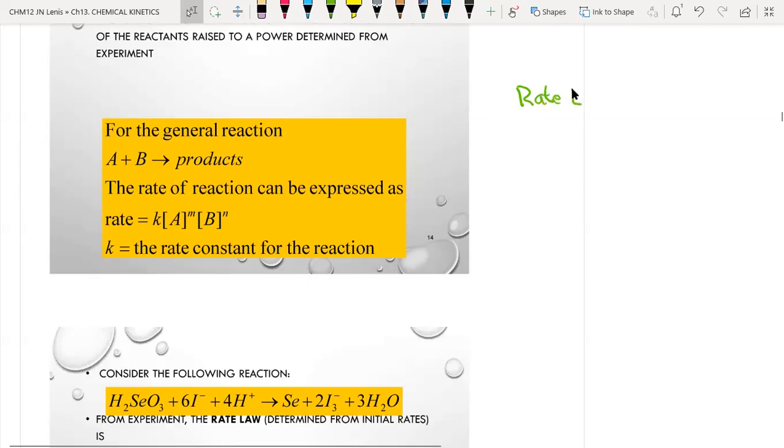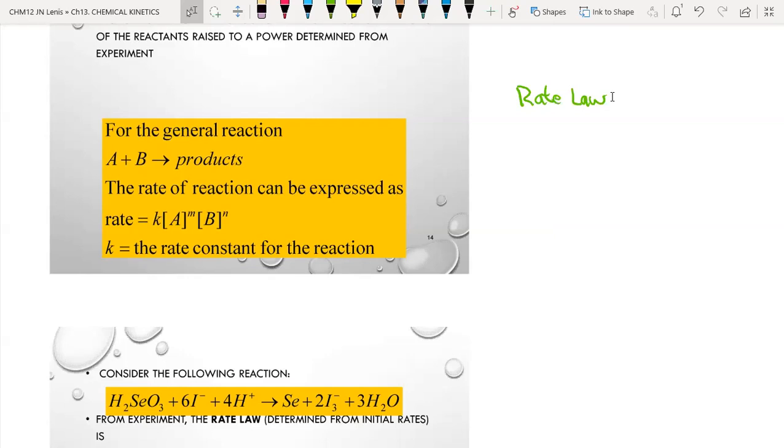Rate law for any reaction. Now that we already know how to write rates of reactions with respect to any reactant or product, now we can write, or express, the rate law for a reaction.